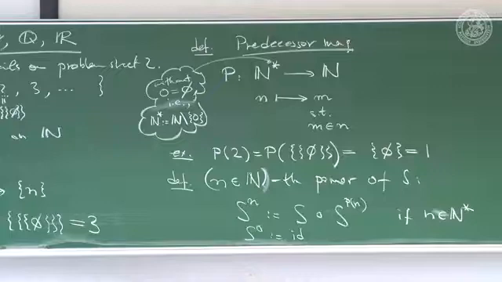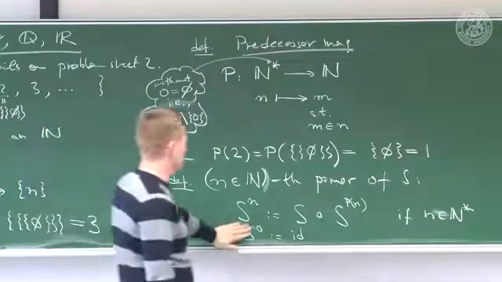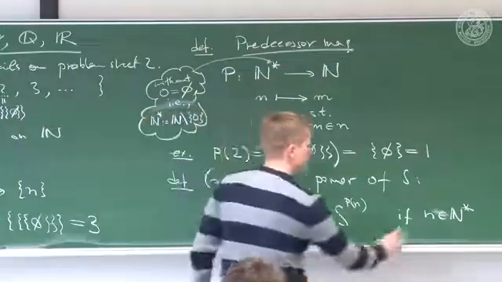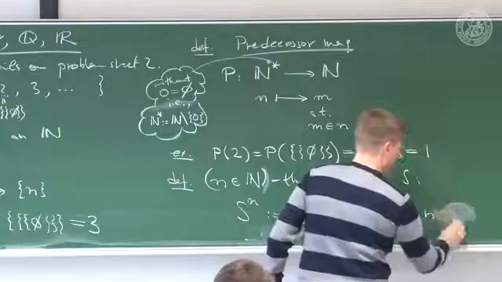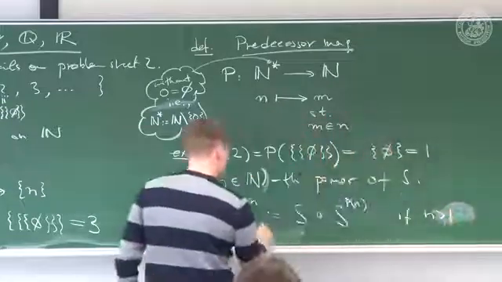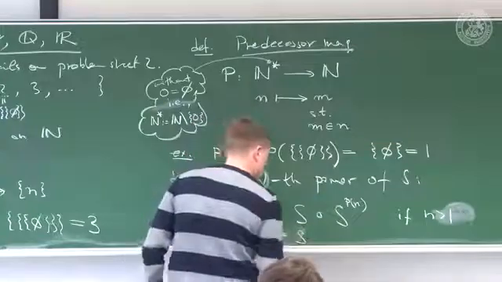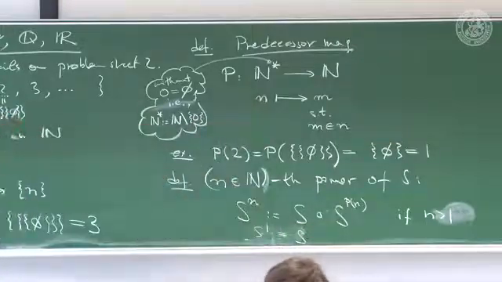Well, it's easier to say here informally if n is greater than 1, and S to the 1 is, of course, simply S. Okay, so that's the predecessor map defined recursively this way.